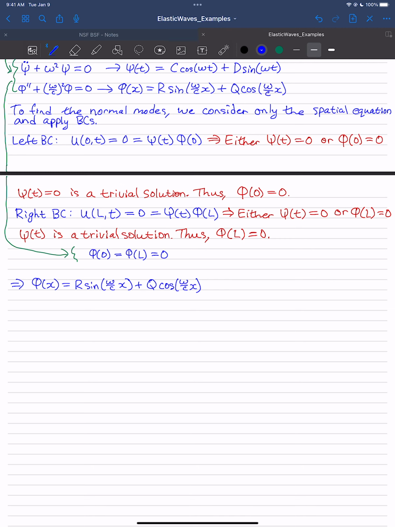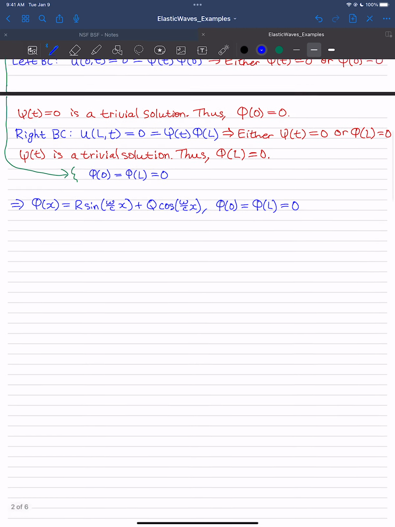In the psi equation, we started off with cosine and then sine, and in the phi equation we end up with sine first and cosine second. The order does not matter. And then we also have the two boundary conditions: phi of 0 equal to phi of L, and they're both equal to 0.